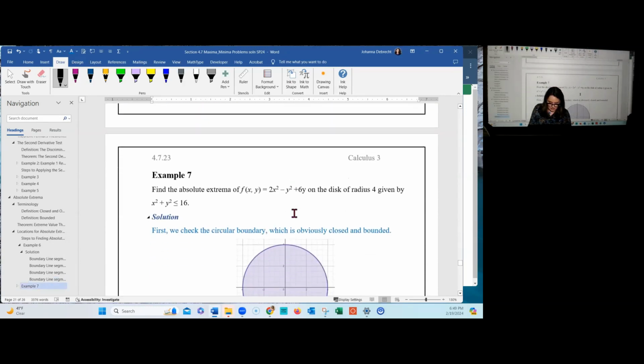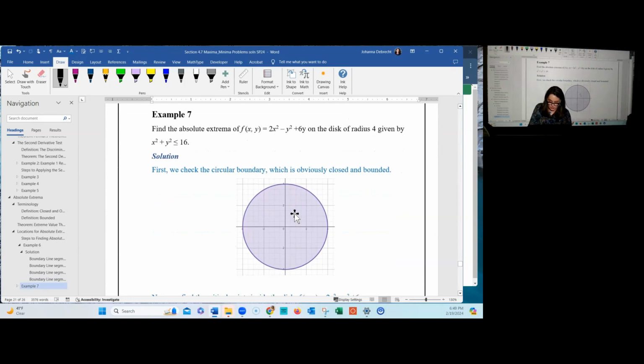In example 7, we want to find the absolute extrema of the function 2x squared minus y squared plus 6y on a disk of radius 4 given by the equation x squared plus y squared is less than or equal to 16. Less than or equal to means that it includes the boundary. That makes it a closed region. And since it obviously can be fit into any circle of radius larger than 4, it is bounded.